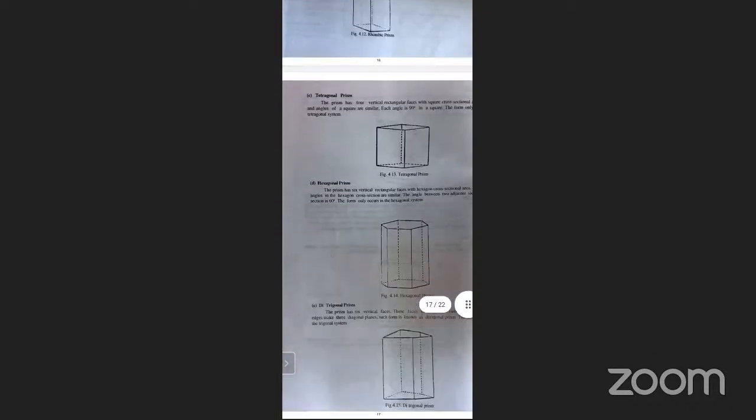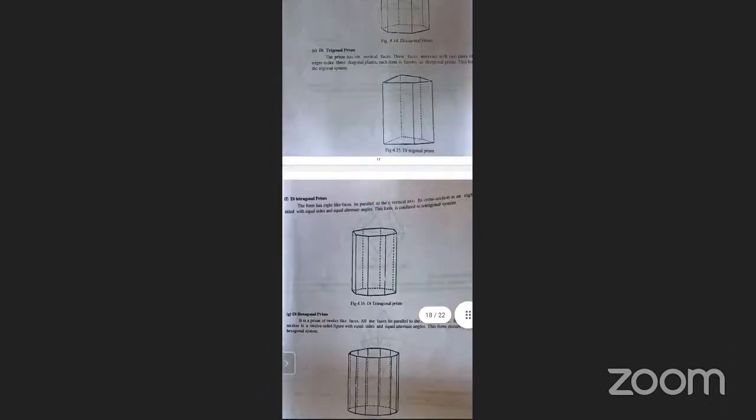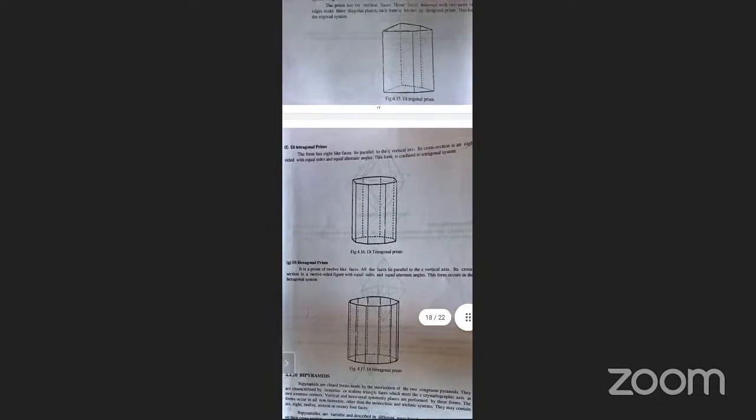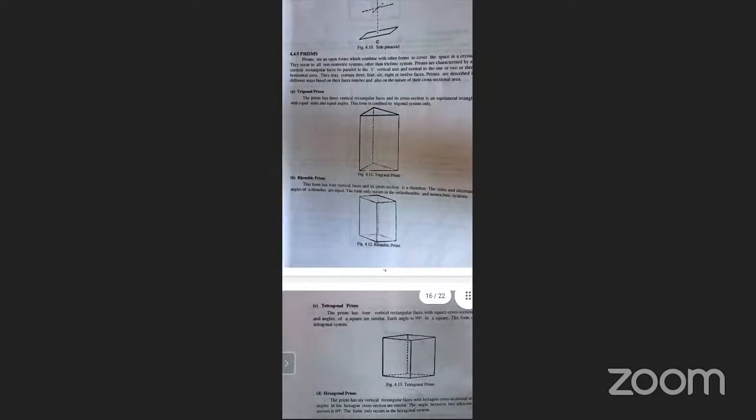Depending on that, it's divided into 7 types. The first one is the rhombic prism.